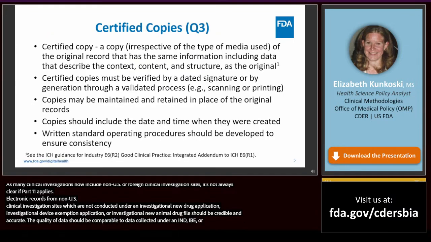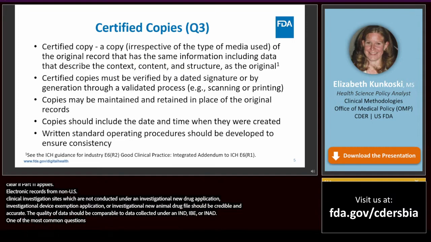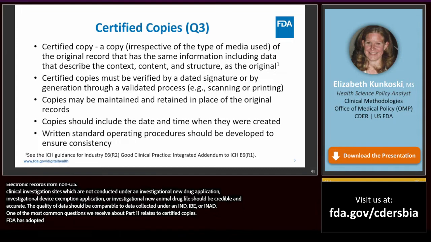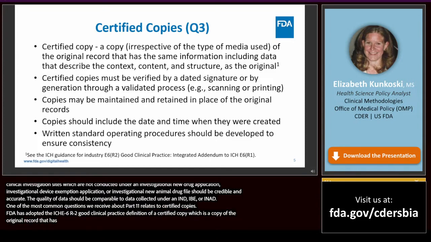One of the most common questions we receive about Part 11 relates to certified copies. FDA has adopted the ICH E6 R2 Good Clinical Practice definition of a certified copy, which is a copy of the original record that has the same information, including data that describe the context, content, and structure as the original.